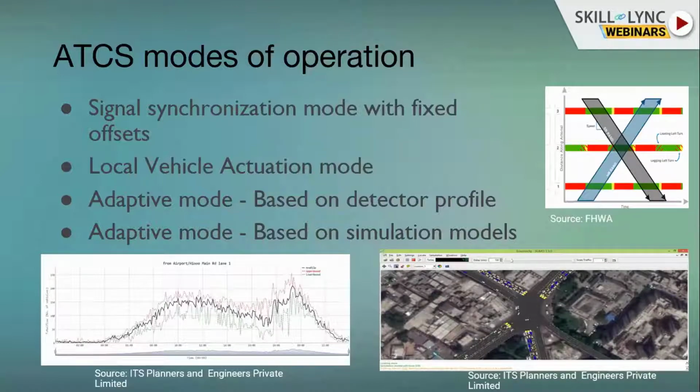So you can see the detector profile here. This is the data collected based on the detector. On the y-axis, you see the total flow, which is traffic flow. On the x-axis, you see the time. So look here, during the midnight at 12 a.m., 3 a.m., 4 a.m., the number of vehicles is very low.